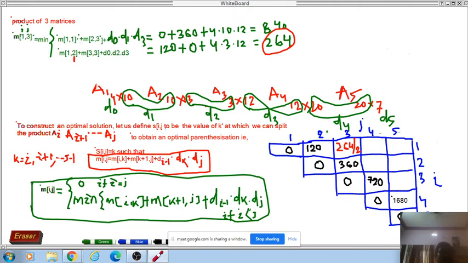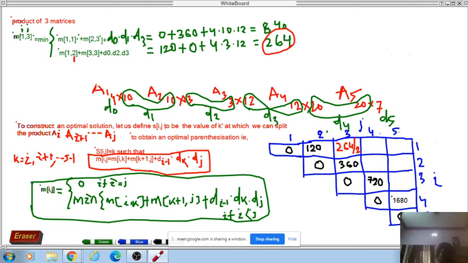I have also forgotten this 120. What was my value there? 120. What was my K? M of 1 2, what was my value? What was the K value? For which value are we making things?